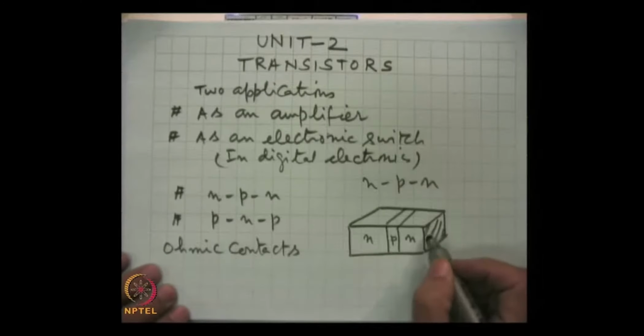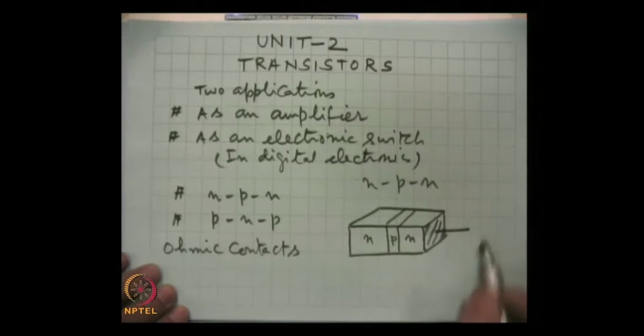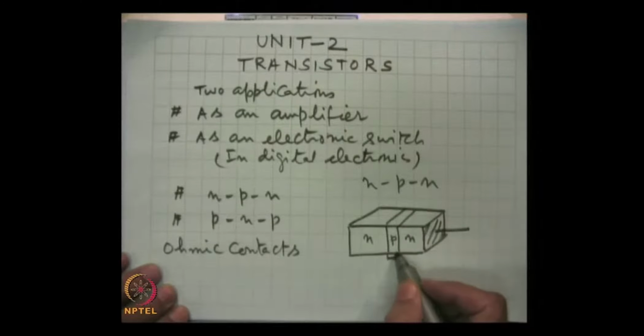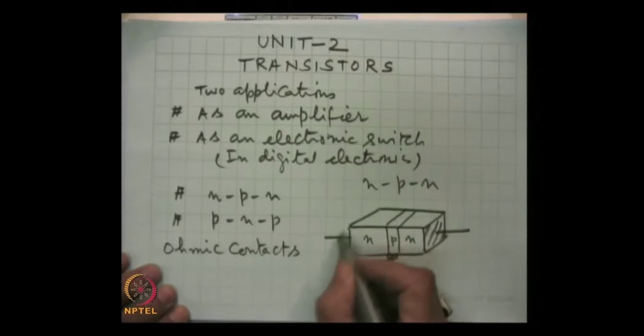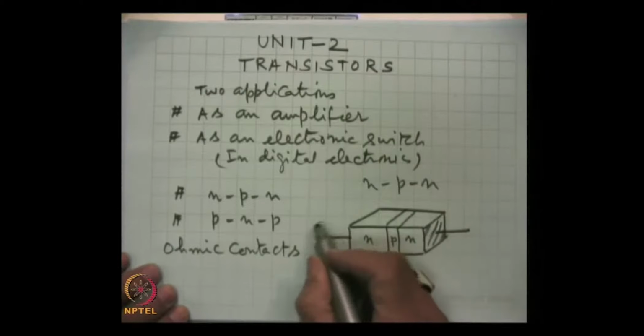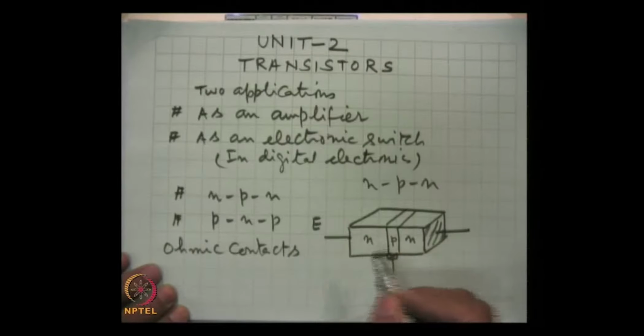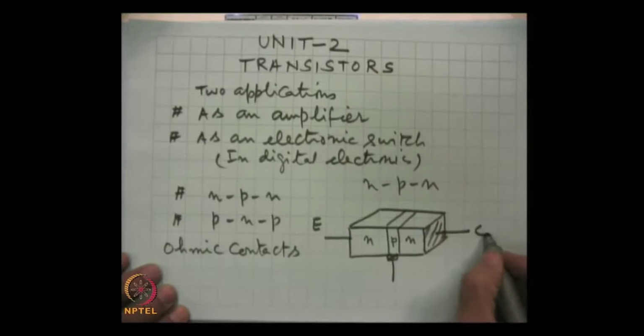So, these are ohmic contacts, one here and the other here on this surface. This is called emitter, this is collector, this is base.